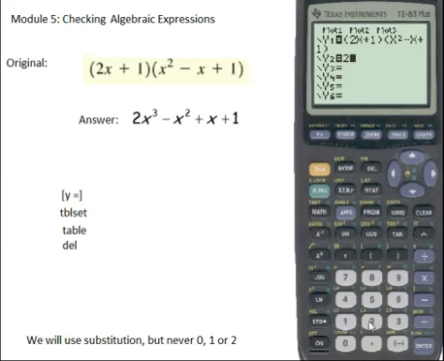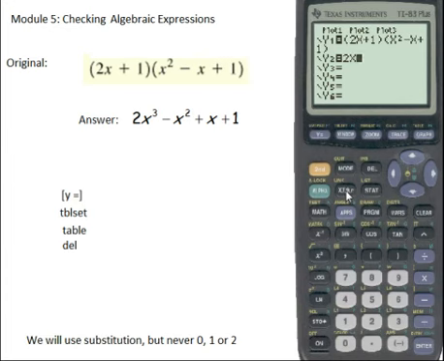And this is a technique that we use when we have a single variable in an expression and we're either multiplying, adding, subtracting, simplifying to get another expression and to check and see if they're equivalent mathematically.